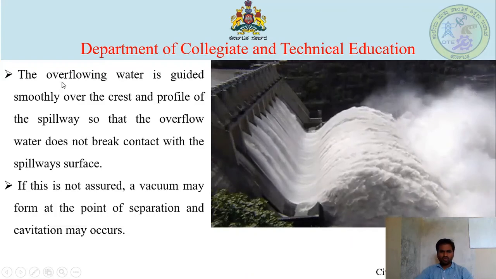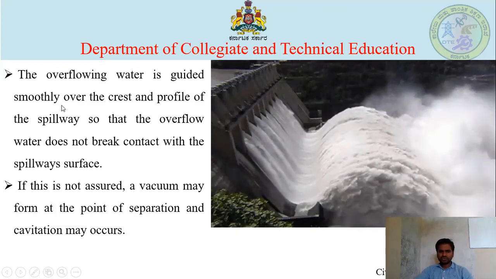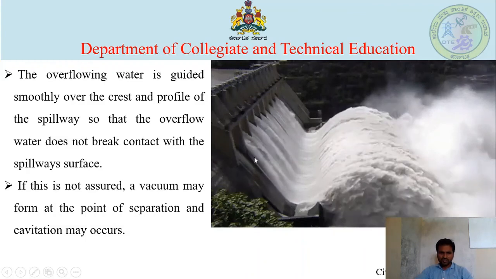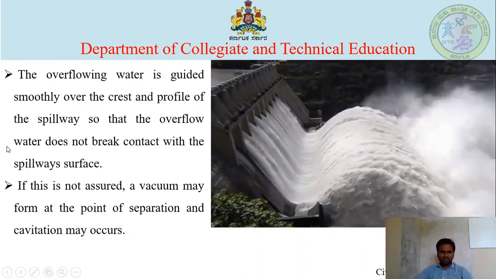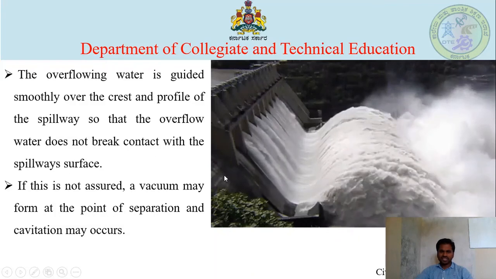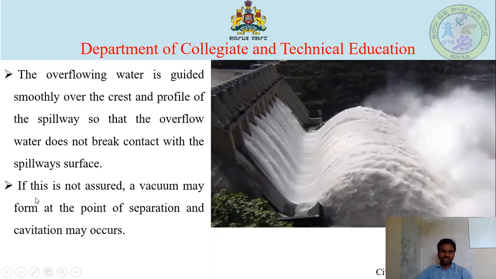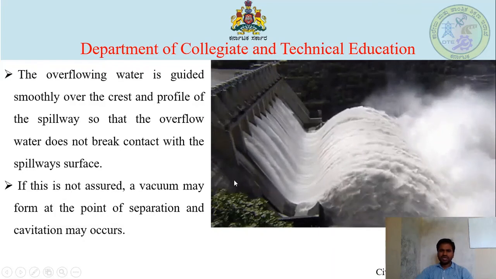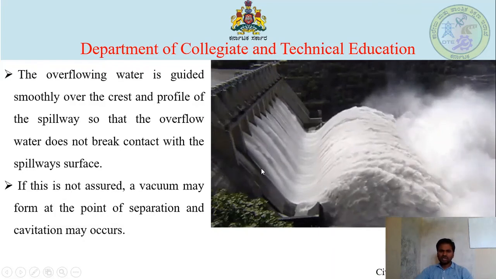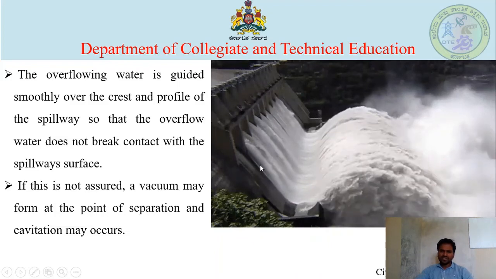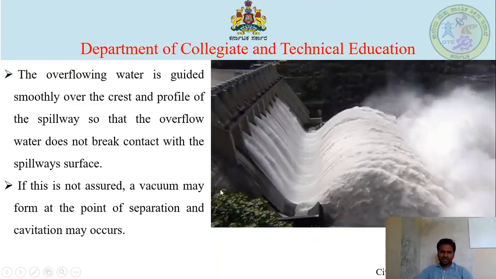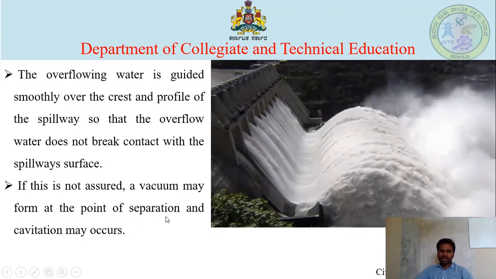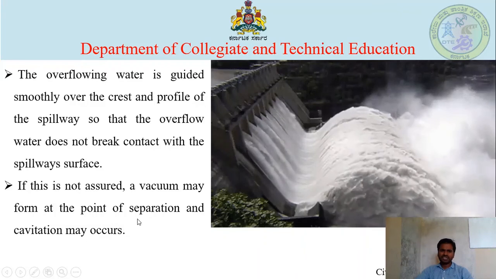The flowing water is guided smoothly over the crest or profile of the spillway so that the overflow water does not break contact with the spillway surface. If this is not assured, meaning the water does not contact the surface of the spillway, a vacuum may be created at the point of separation and cavitation may occur.